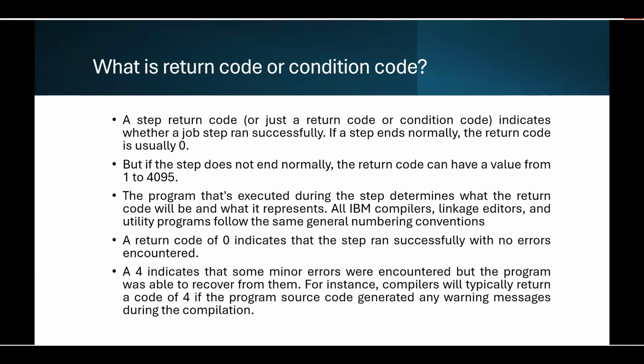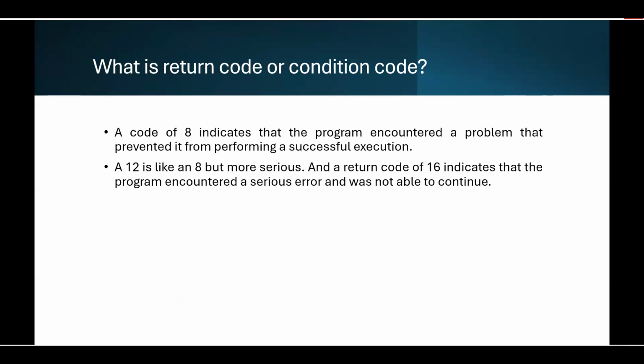Okay, so next, whenever we get the return code as 8, that indicates the program encountered a problem that prevented it from performing a successful execution. So for example, if you are getting a return code of 8, that means you have some major error, and our program is not executed, that particular step is not executed.